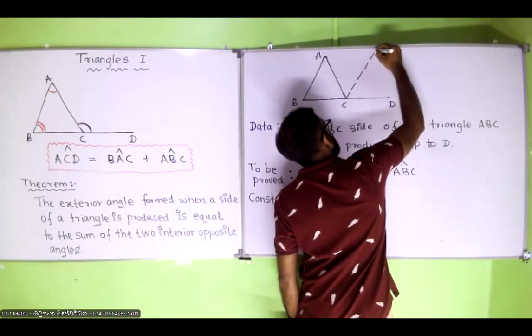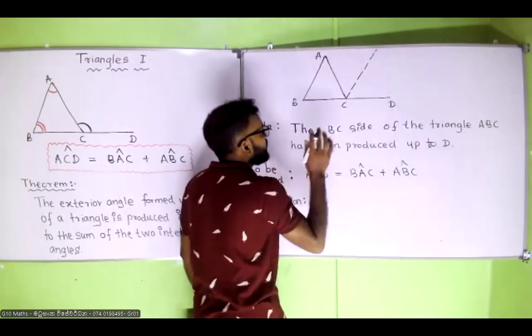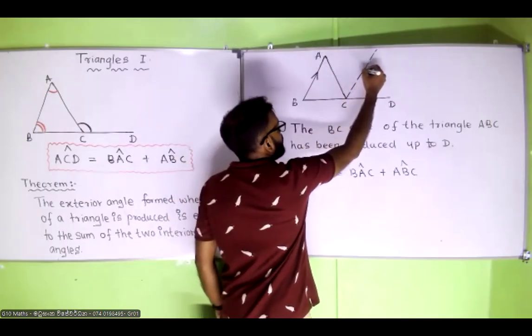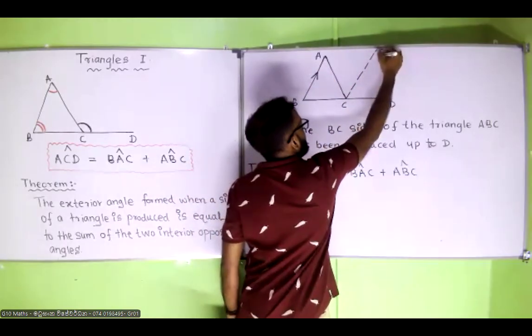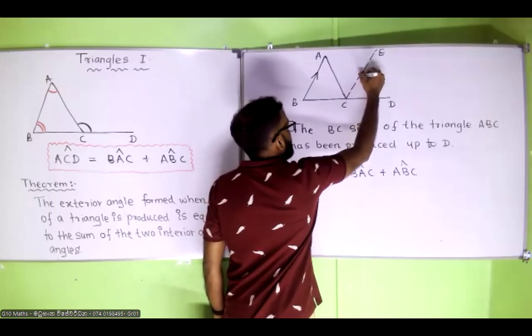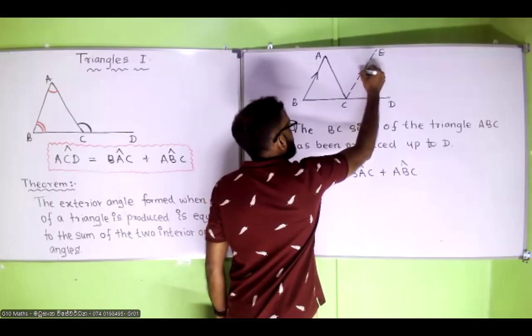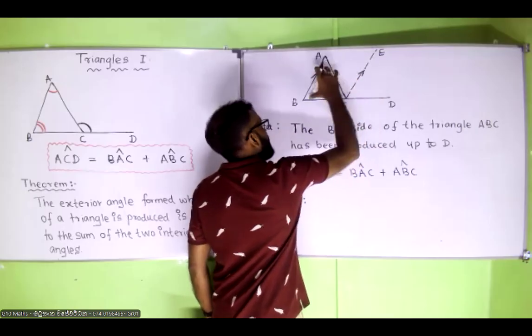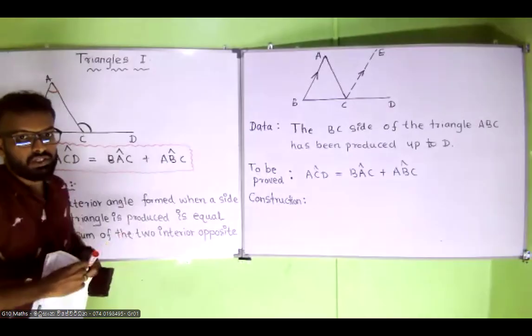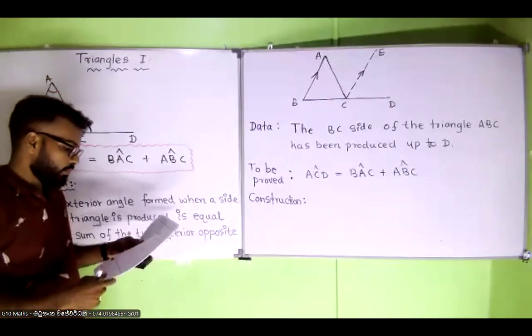We need to mark AB parallel to, and I will name it as CE. We need to make sure that we have marked AB parallel to CE. That is important.